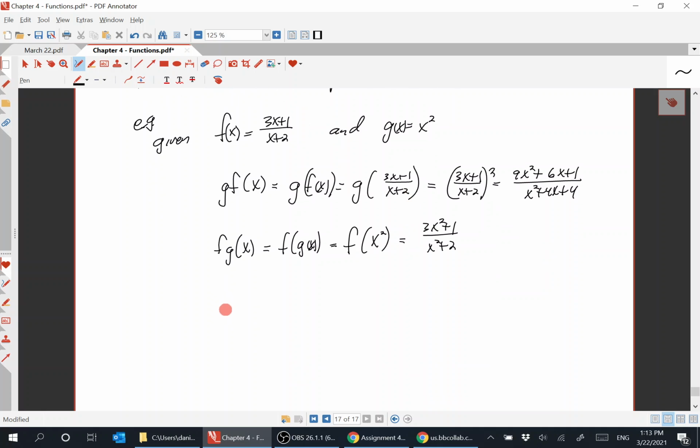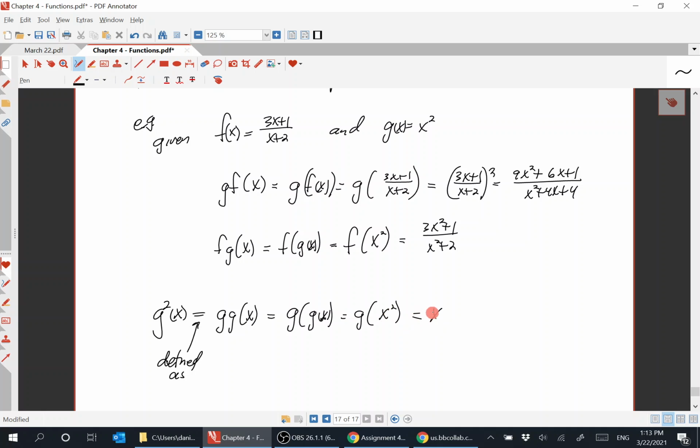And of course, you can also do g composed with g, so g squared. This is defined as g following g of x. So that's g of x squared.